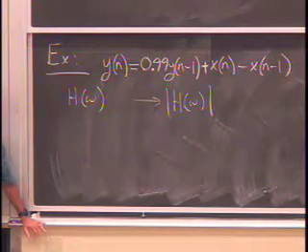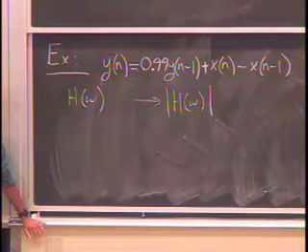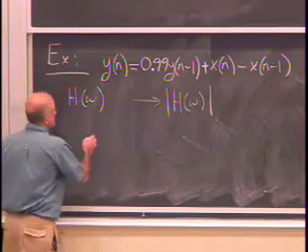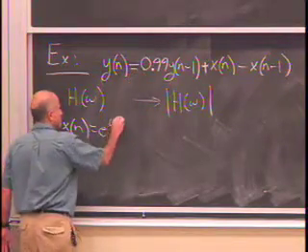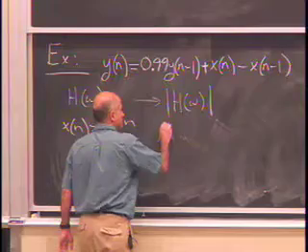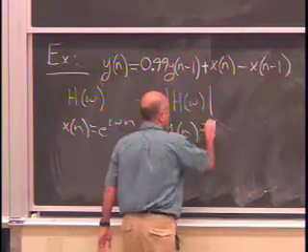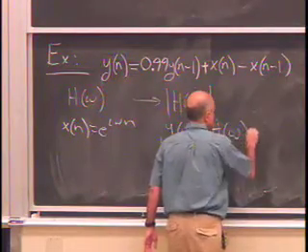How are we doing with the frequency response? Go for it. So you first substituted x equals e to the I omega n and y equals h of omega times e to the I omega n. Yep, we use our standard procedure.